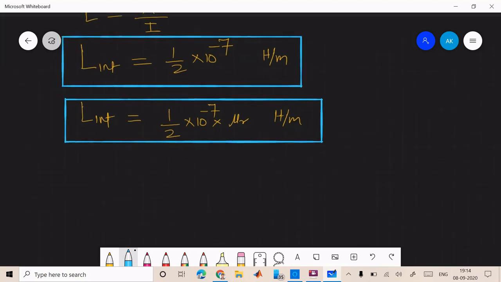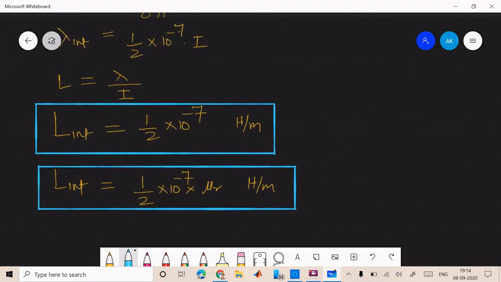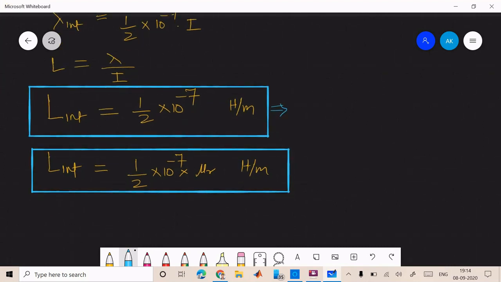Okay, one more thing. If you just simplify this L internal, we can write the value as 1 by 2 into 10 raised to power minus 4 into 10 raised to power minus 3.